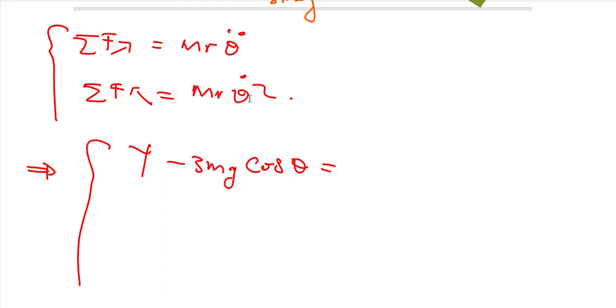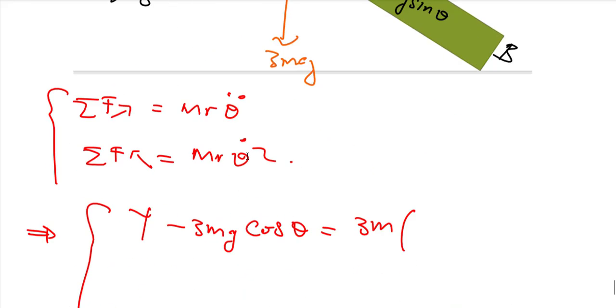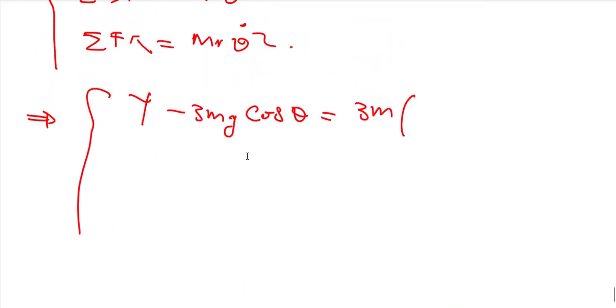Our mass was 3m, and the distance from O to P was a on 4, so it is a divided by 4 times theta double dot, where theta double dot is known as the angular acceleration.